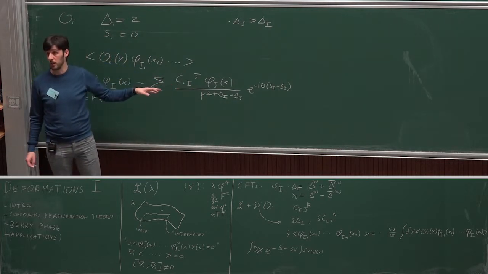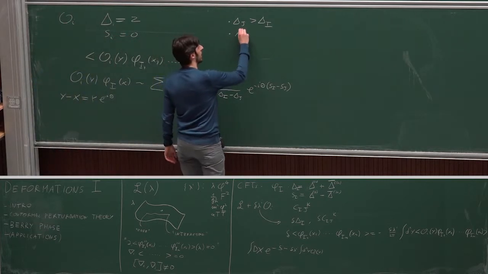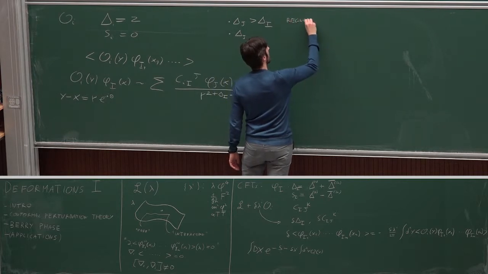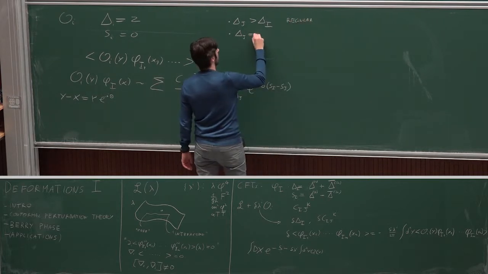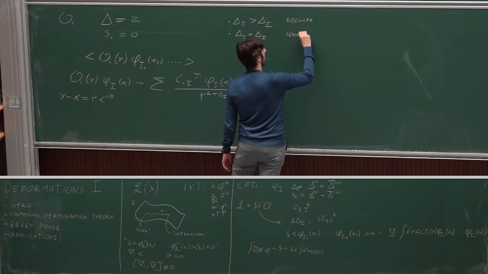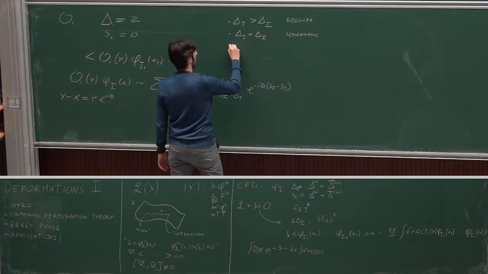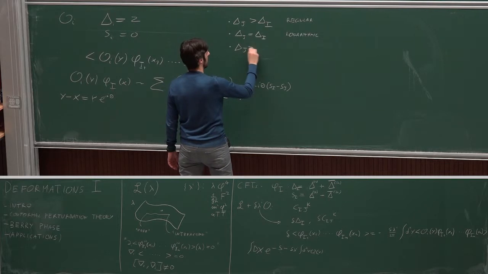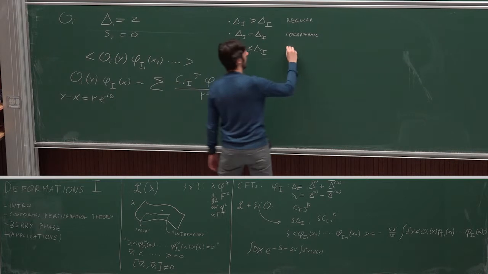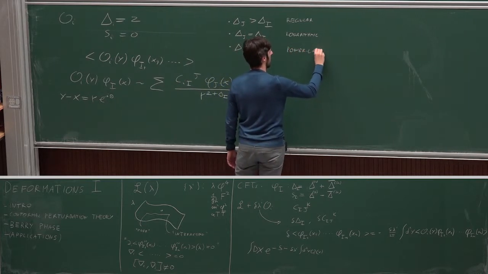This is a completely regular integral. If delta_j equals delta_i, you get a logarithmic singularity. And if delta_j is smaller than delta_i, you get a power law singularity.